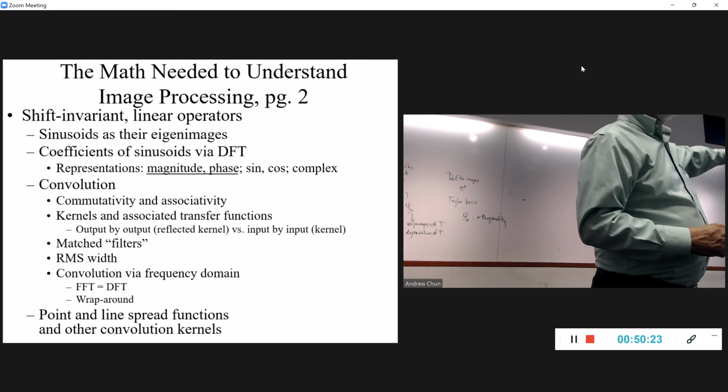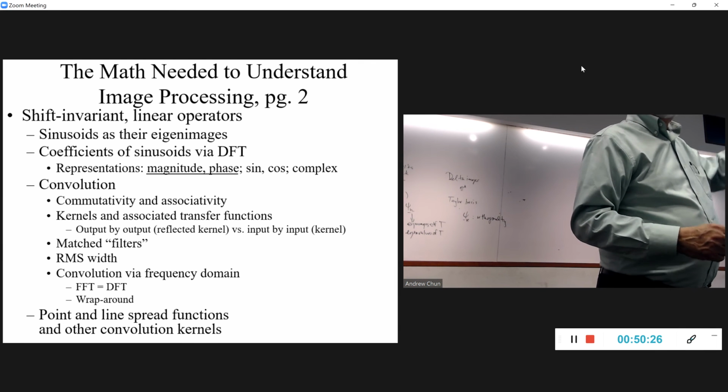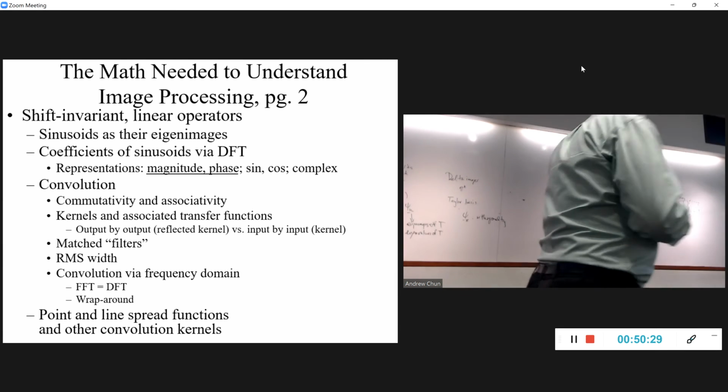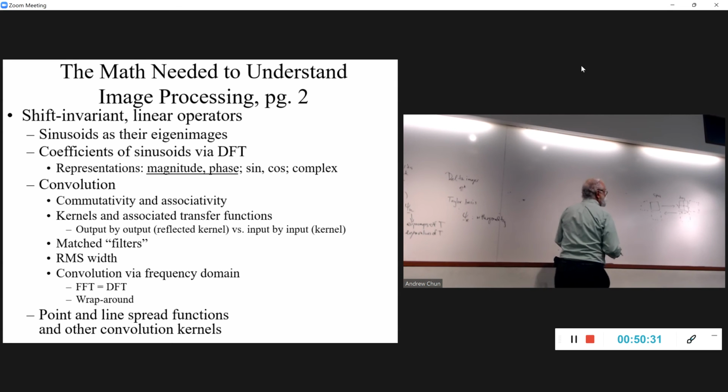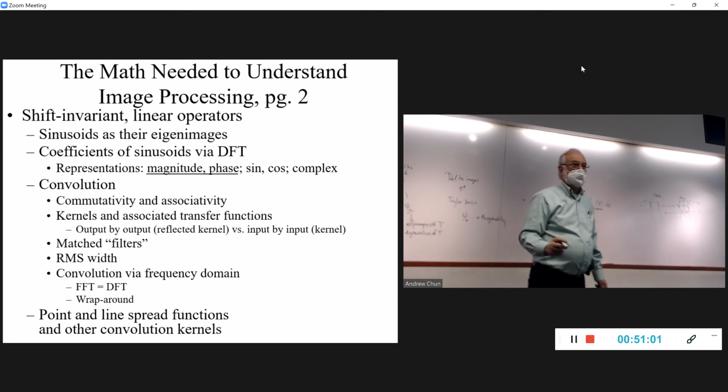And then we made this notion of sigma in a Gaussian general by understanding the RMS width of any kernel as the integral of x squared h centered of x dx over all of the image.